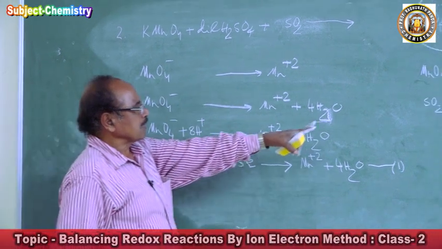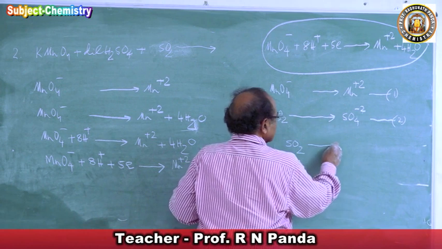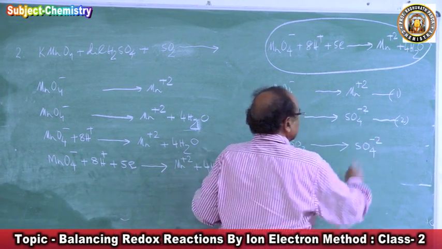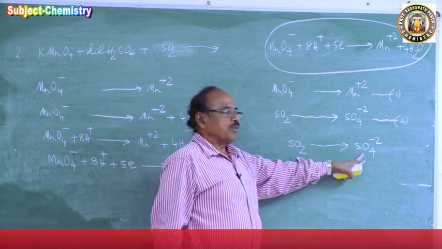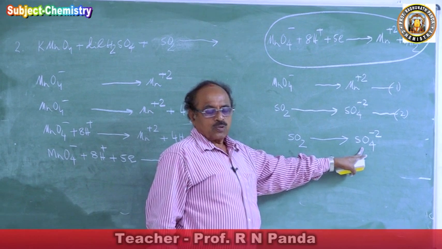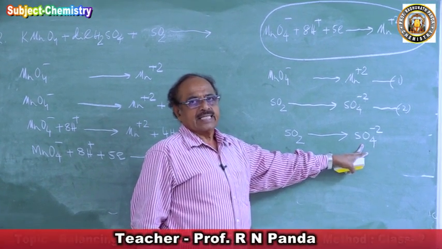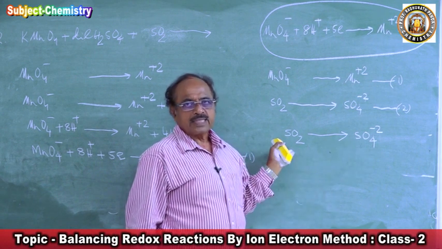Now we'll come to the sulfur dioxide. Sulfur dioxide is forming sulfate. So left side 2 oxygen, right side 4 oxygen. So 2 oxygens are extra on the right side. So we'll balance the oxygen atoms. We'll add 2 water molecules on the left side.